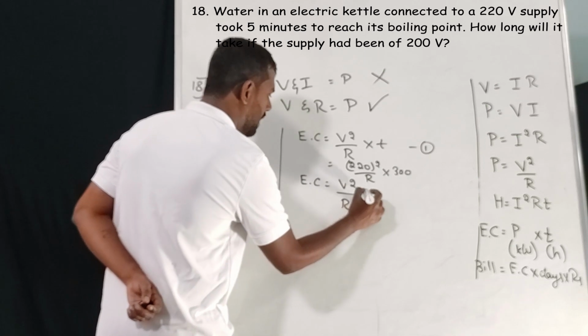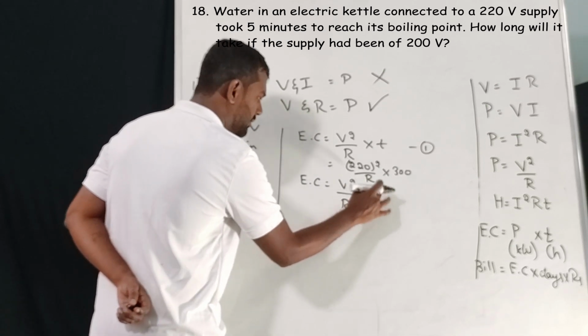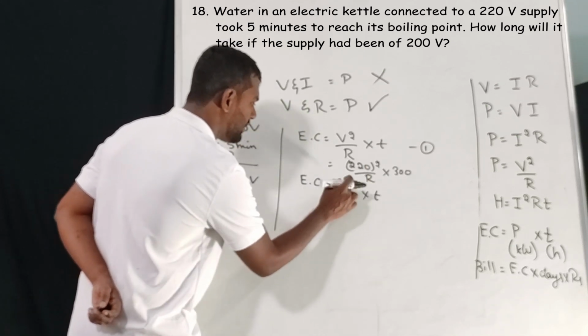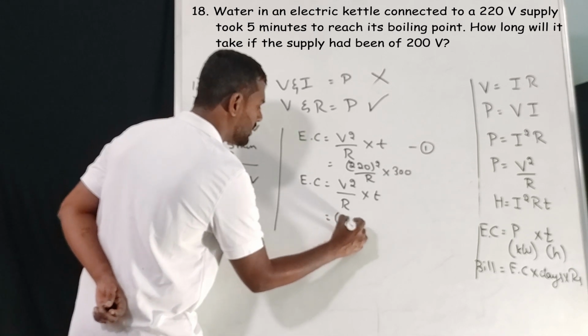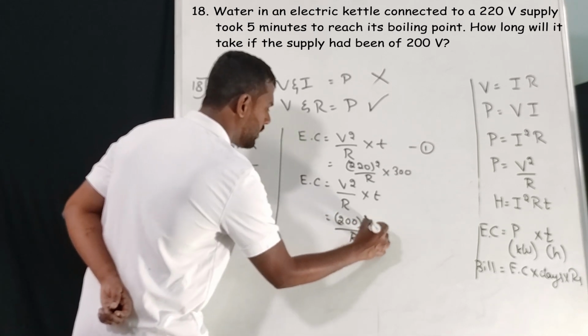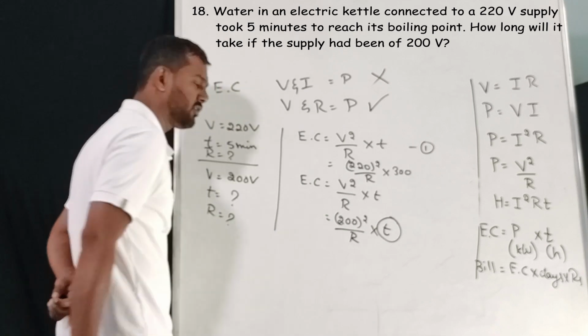Next, here into time, that is what we are going to find, and here V square is 200 square by R, we don't know R, into time.